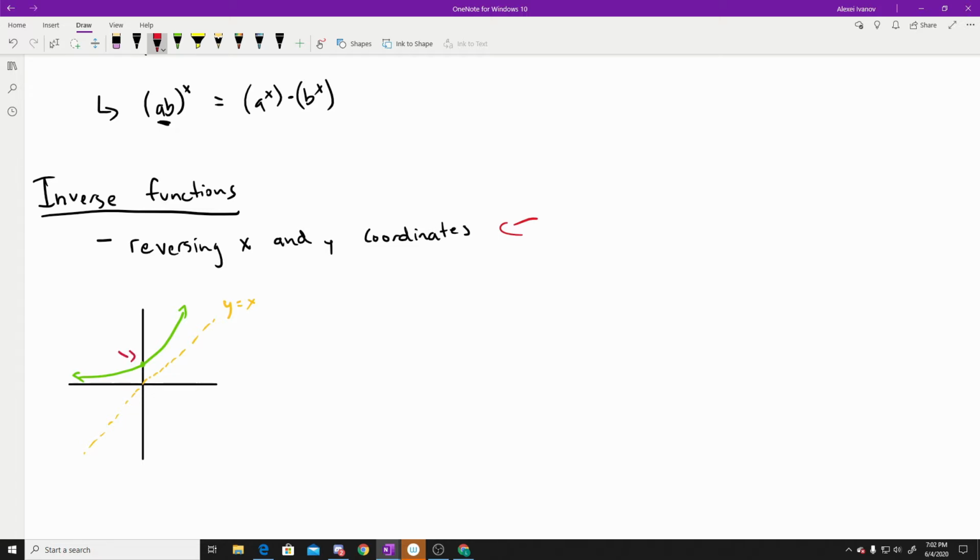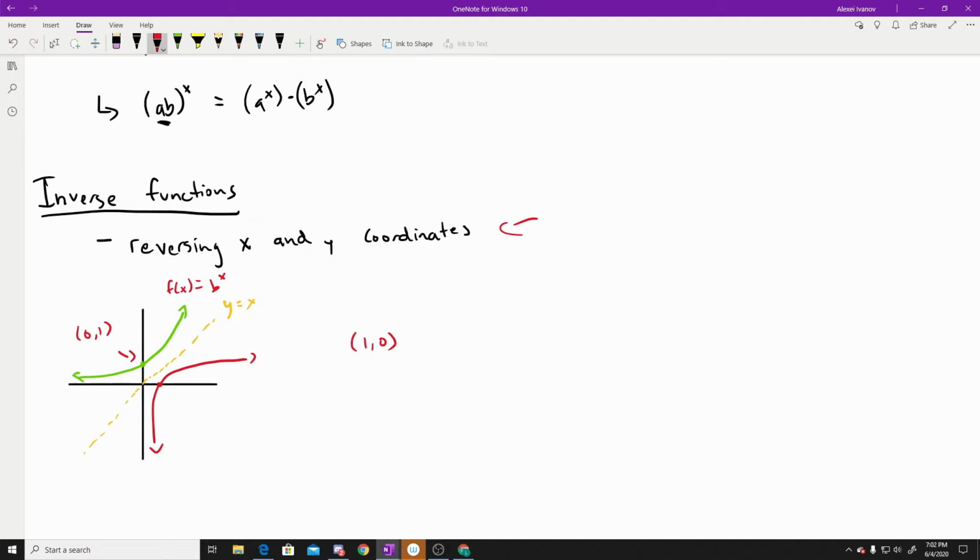So if we take a look at this point right here, this by the way is just the function that we were just talking about, b to the x, any b. And if we look at this point, the point is 0, 1. So if we were to change this, we would get a new point, 1, 0, and it would be somewhere here. And then if we were to do this for a series of points, you would get a graph like this.